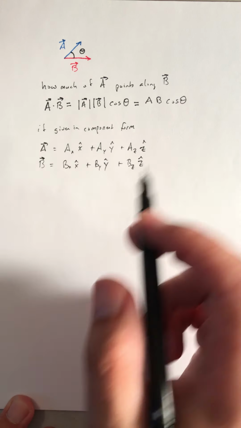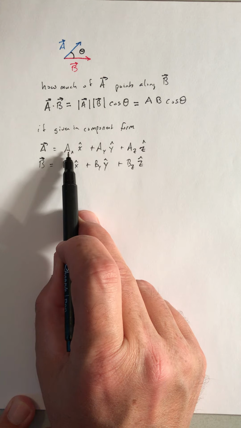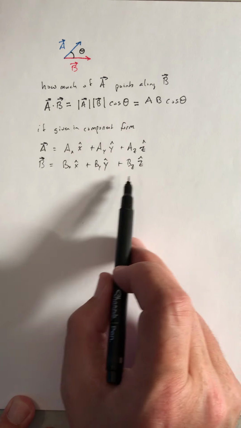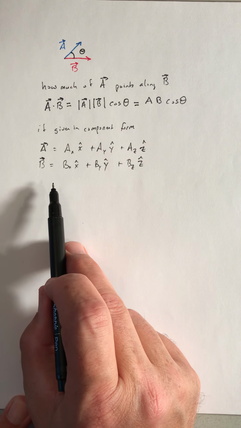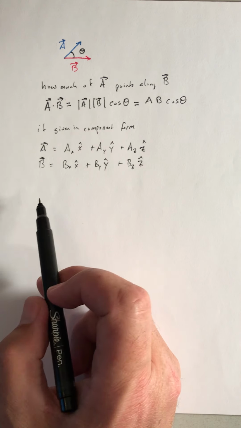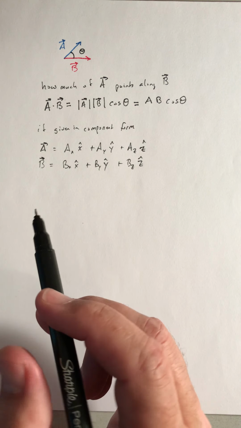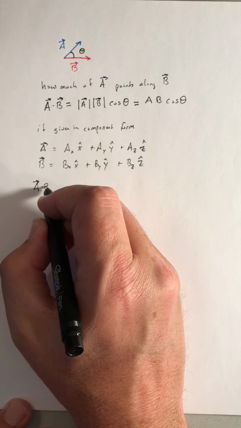In general, it'd be quite a bit of work to go backwards and find, well, what's the magnitude of A to fill in there? What's the magnitude of B to fill in there? And especially to figure out what's the directional angle in between the direction A points and the direction B points. That could be quite a bit of work. And you don't need to do that.